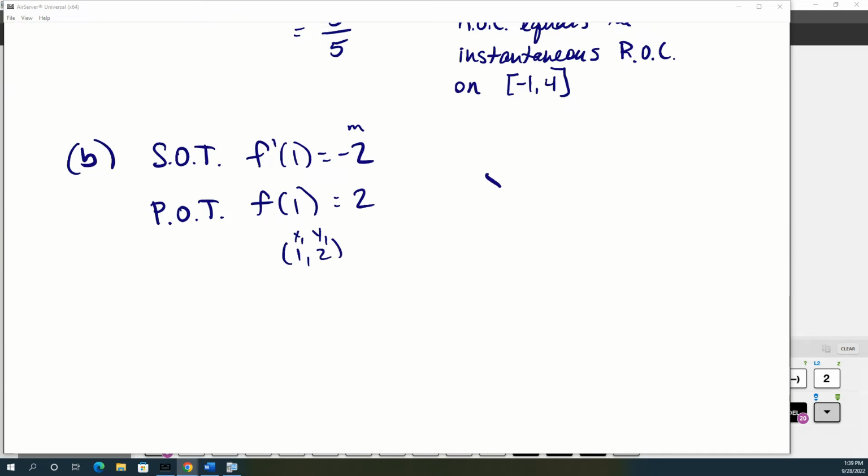And then we could just write our tangent line. So y minus the y part of the point equals the slope, multiplied by x minus the x part of the point. That is a pretty advanced question right there. There was nothing crazy hard. You just had to be creative about finding your information.